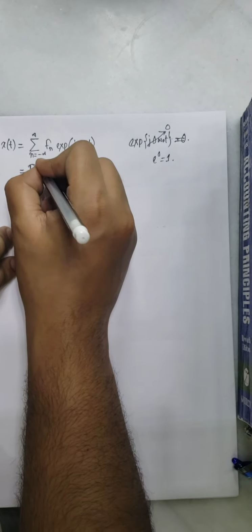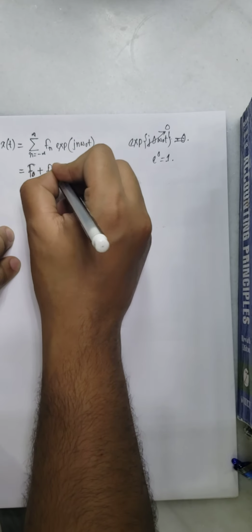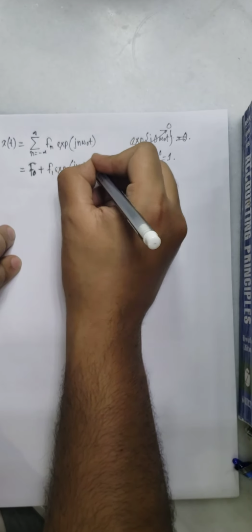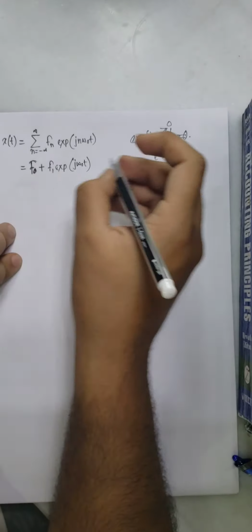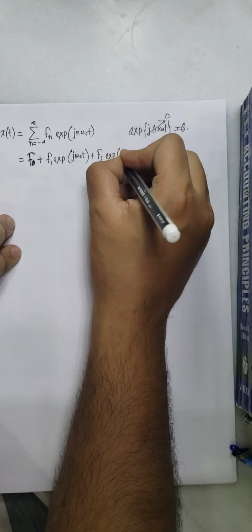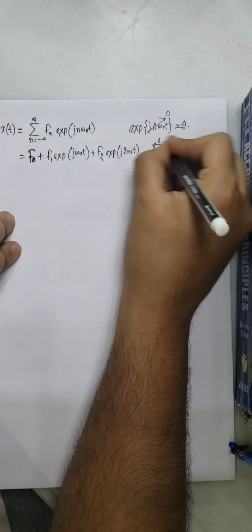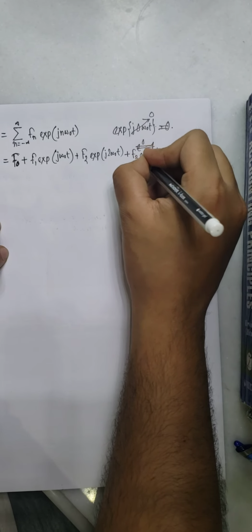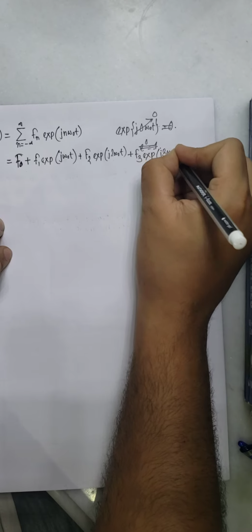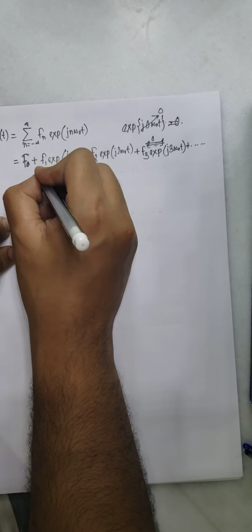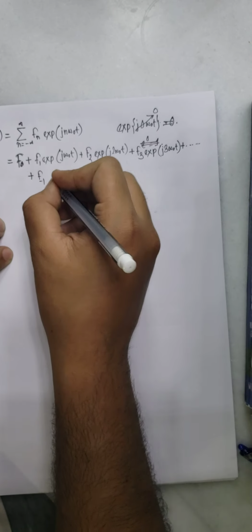And upon further expansion, we get f1 exp of j omega naught t, where the value of n is 1, and consequently f2 exp of j 2 omega naught t plus f3 exp of j 3 omega naught t, and this will go until positive infinity. And for negative infinity, we can also write f of minus 1, where n equals -1.